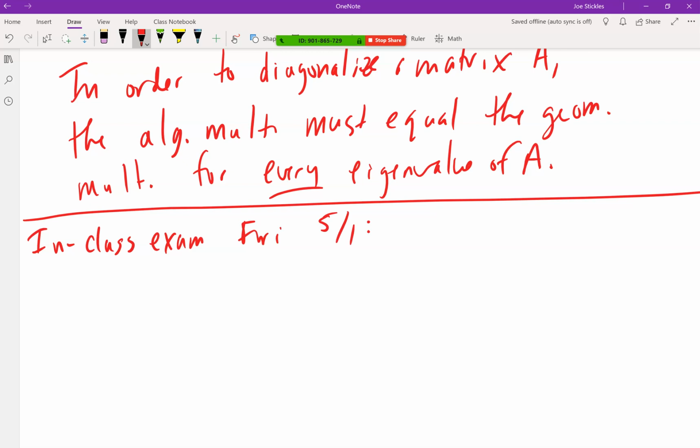And this one, I really do want to make more of the computational variety. So like the last one, we'll do the 5 true-false, just like the last exam had.